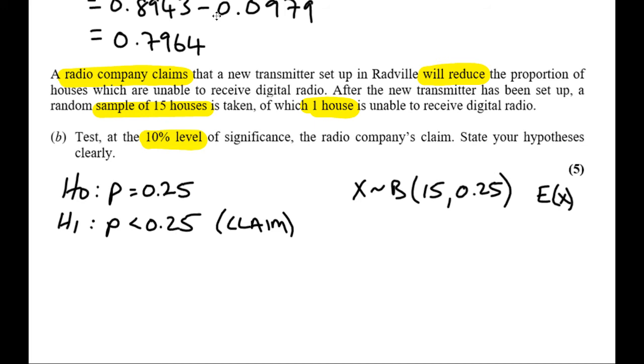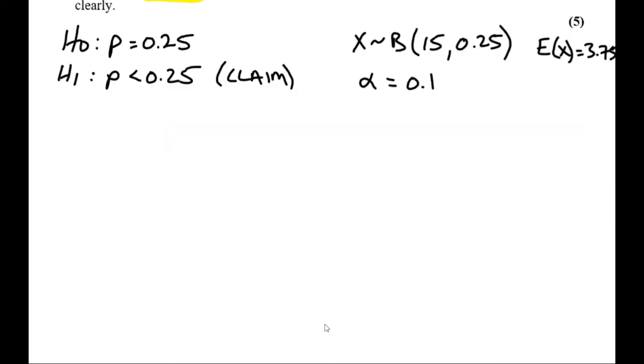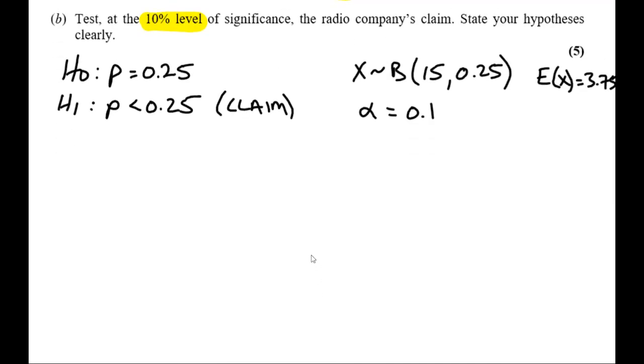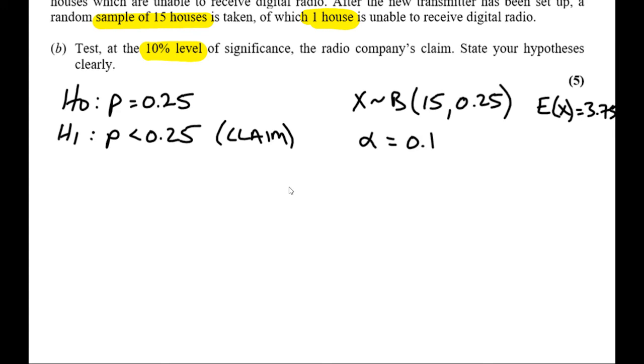The expectation is n multiplied by p, which should give us 3.75. Significance level is 10%. Be careful to check that. It usually is 5%, but it can be anything that the examiner wants to choose, and this time they've chosen 10%. Okay, we're ready to go with the hypothesis test.